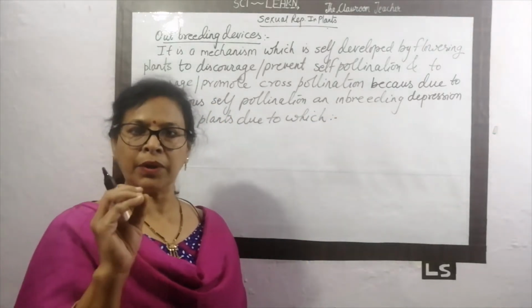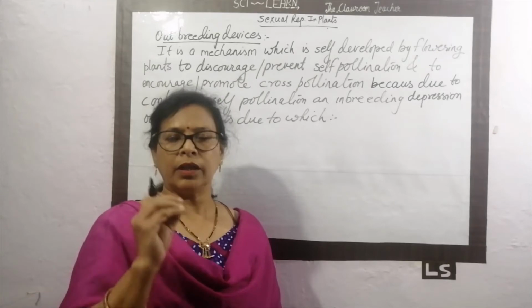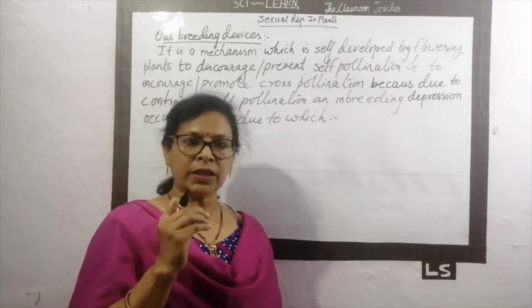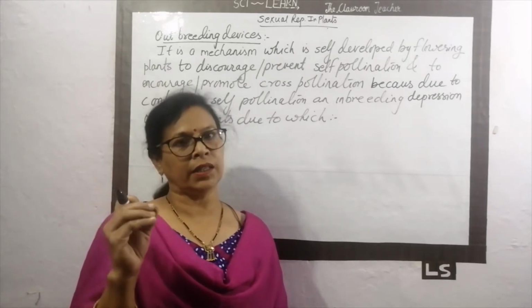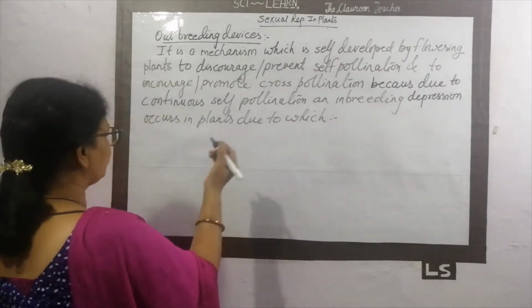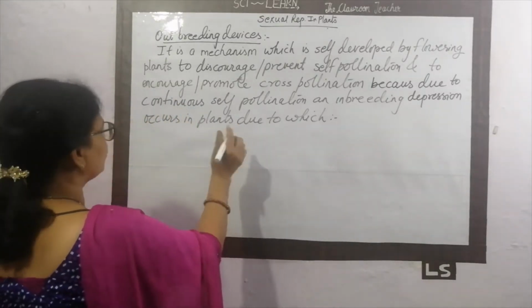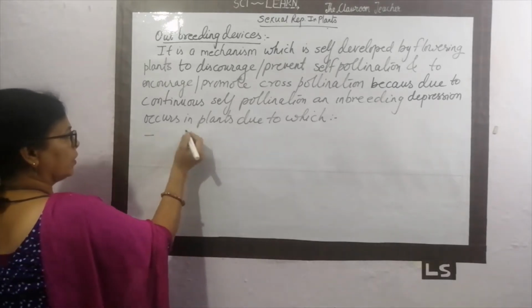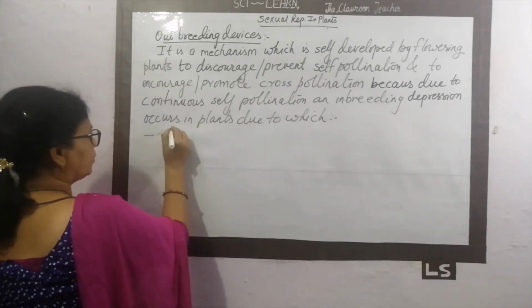Because of this inbreeding depression, the quality and quantity of the plant or the seed gets decreased. Fitness is reduced.